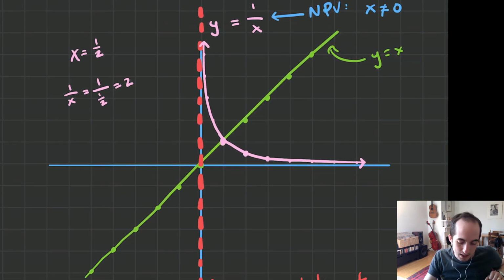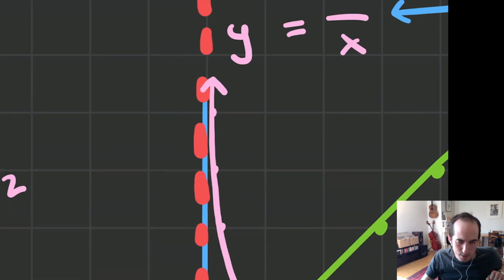You can see that we're getting arbitrarily close to our asymptote. What I mean by arbitrarily close is that we can get as close as you would ever want to be. You can give me any positive value, and we will get that close.